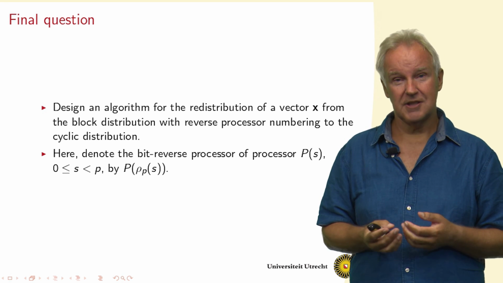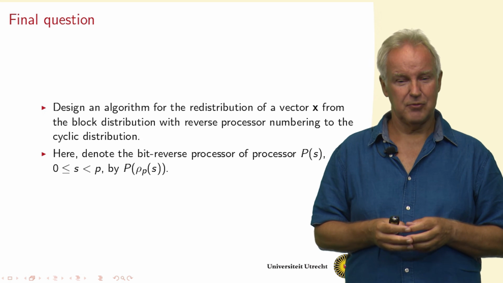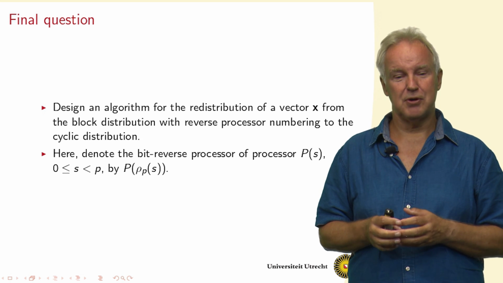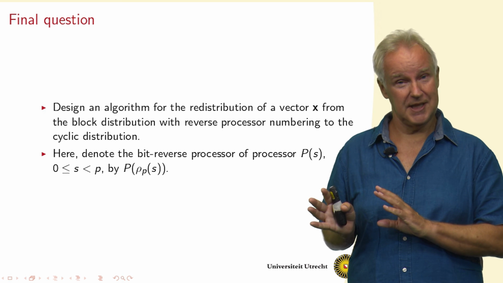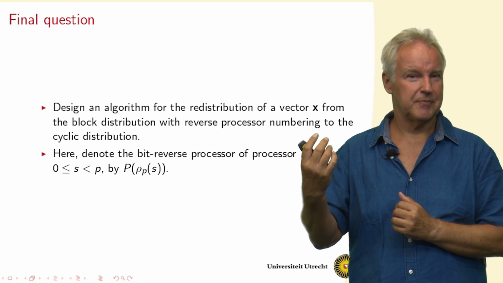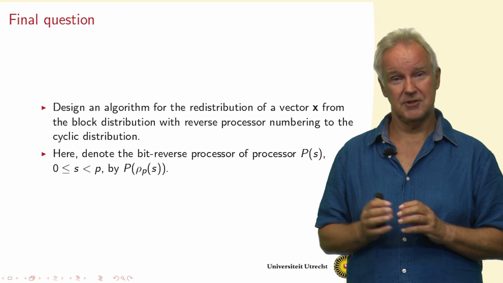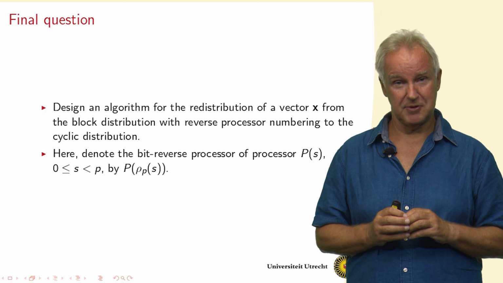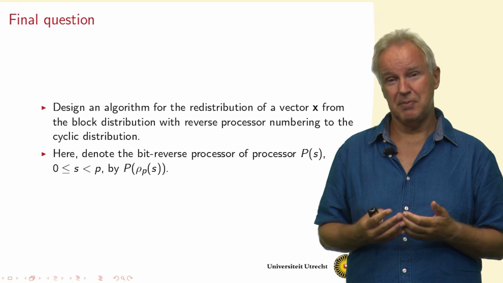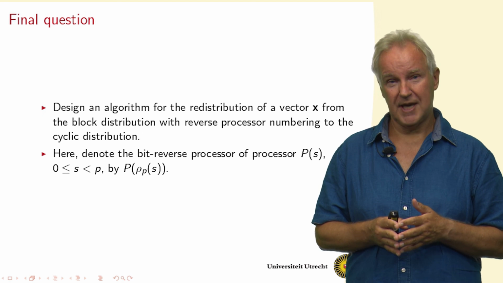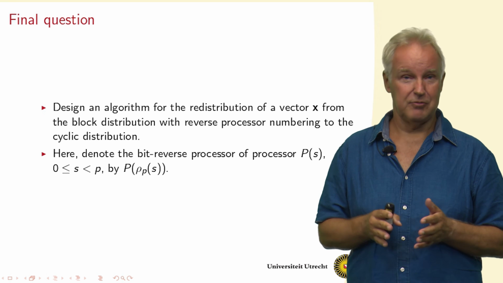As a notation, we use for the bit reverse processor of processor PS, my partner, the notation ρ_P(s), where ρ has a subscript P saying it's the bit reverse where we have a maximum number of P.